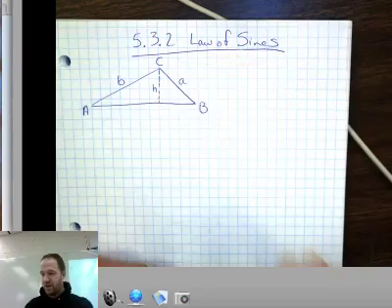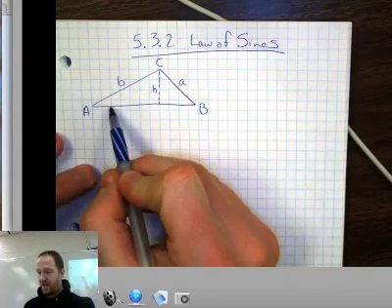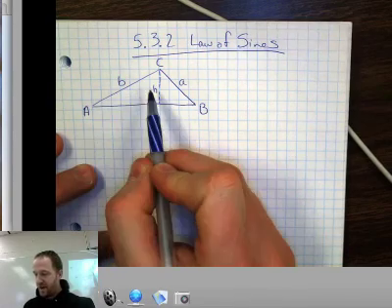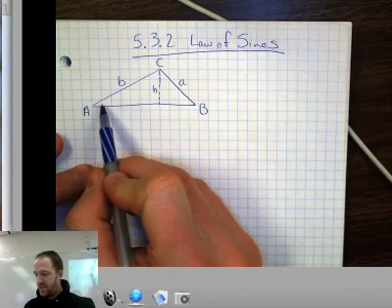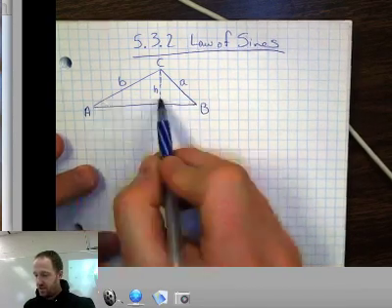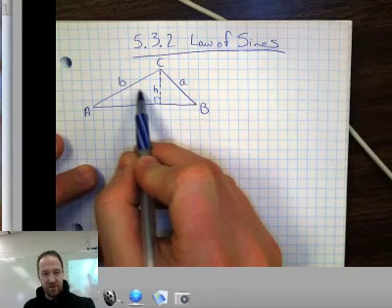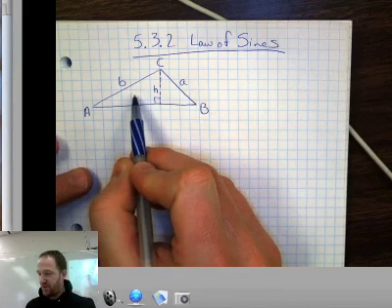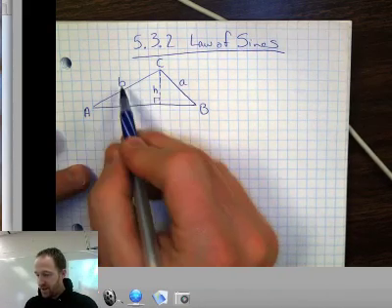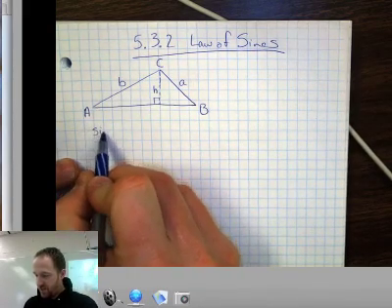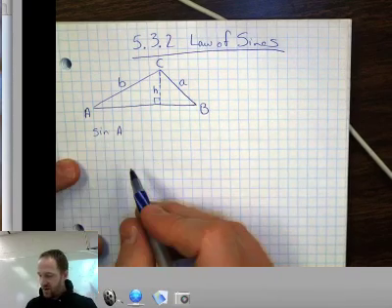Call it H. If we knew what angle A and the side B was, we could find H. H is opposite this angle, and B would be the hypotenuse of this right triangle on the left over here. So opposite and hypotenuse is sine. So we could write an equation with sine.